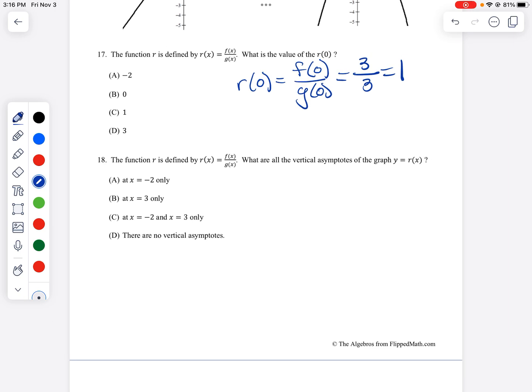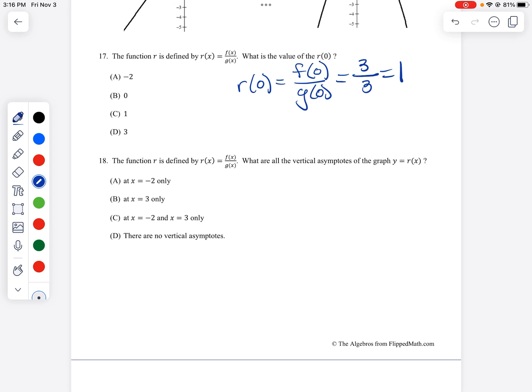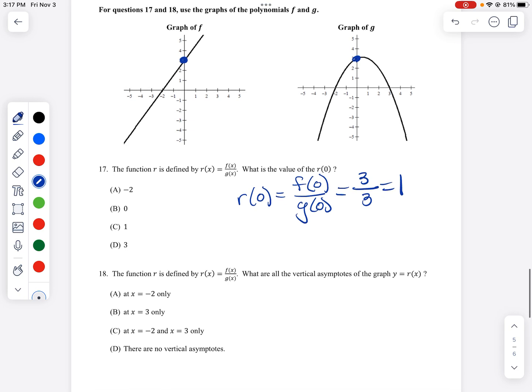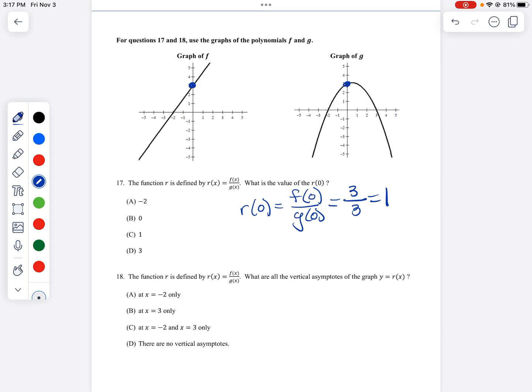And then the last one, the function is defined by f of x over g of x. What are all the vertical asymptotes of r of x? Well, let's see. What do we know f of x is? Well, what is this equation? It's just a line, so y equals mx plus b. It looks like our slope is 1x. Our y-intercept is 3. So that's x plus 3. Well, what do we know about the bottom one?